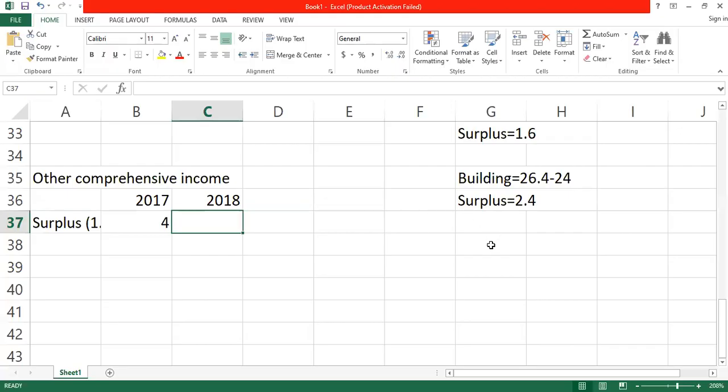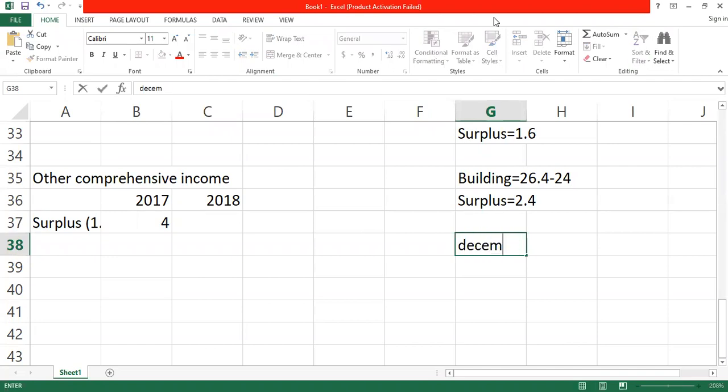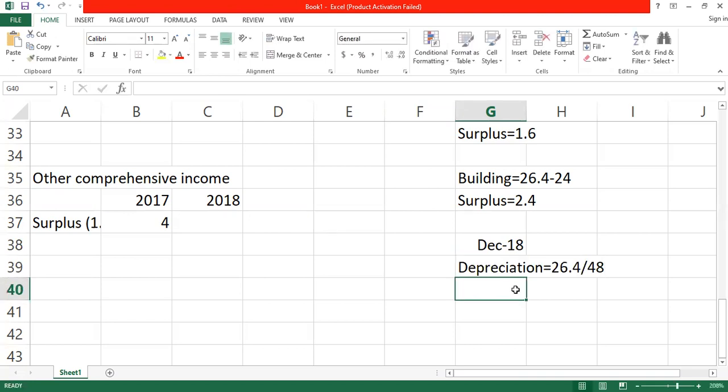So if you want to know the carrying amount as at December 2018, you still have to depreciate the building for an additional 1 year, isn't it? The depreciation will now be the new value over the remaining useful life, which is 26.4 divided by how many years? 48 years. What will be the value? 0.55. What will be the carrying value as at December 2018?